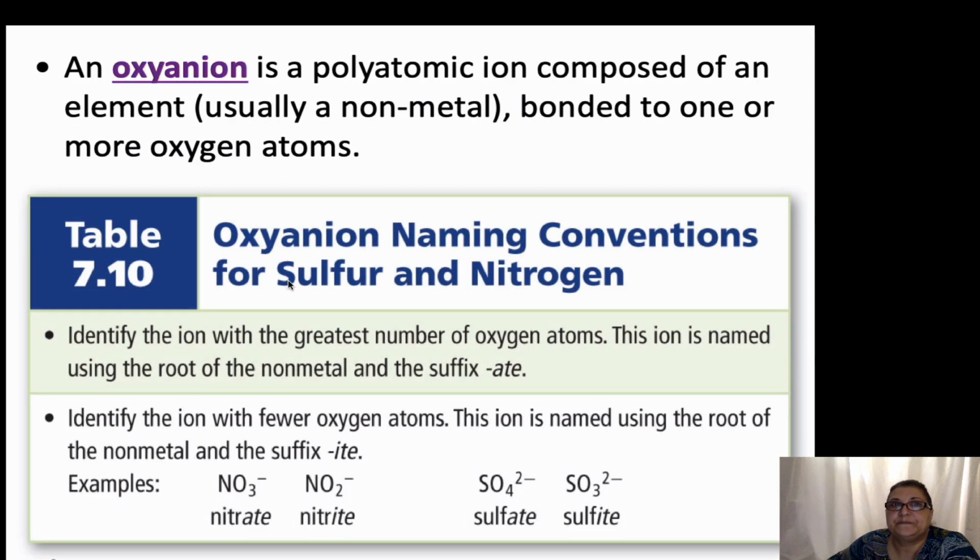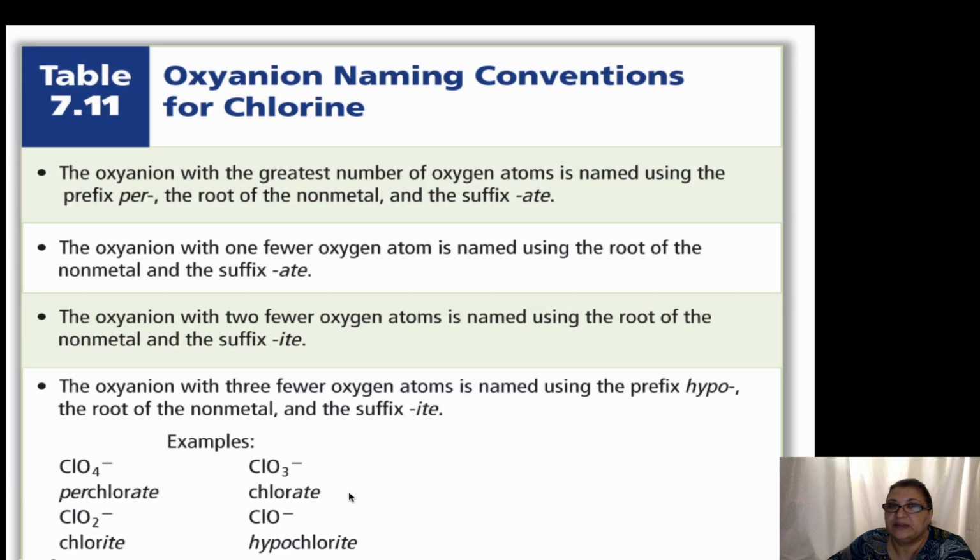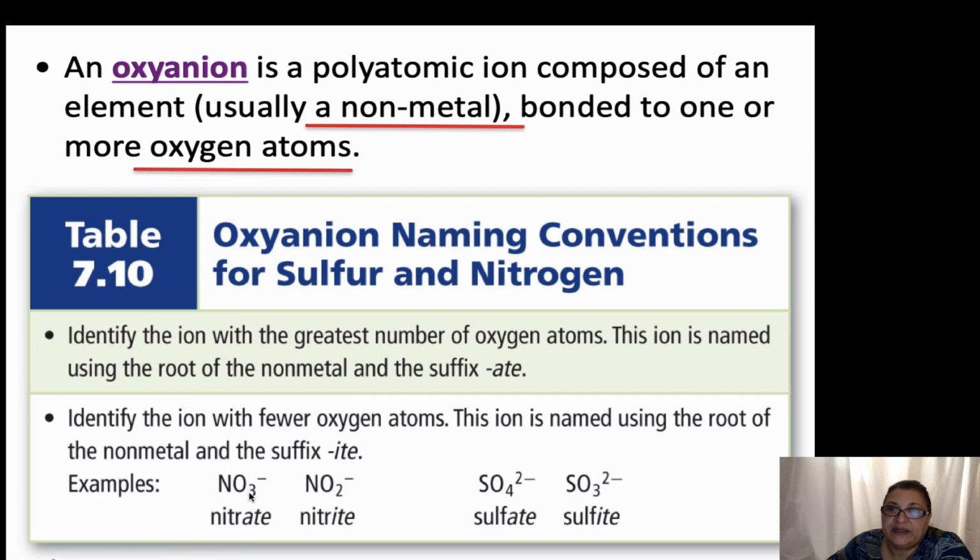Oxyanion: a polyatomic ion composed of an element, usually a nonmetal, bonded to one or more oxygen atoms. So it's a nonmetal with oxygen atoms. For example, NO3 negative is nitrate. One less oxygen is nitrite. SO4 negative 2 is sulfate.